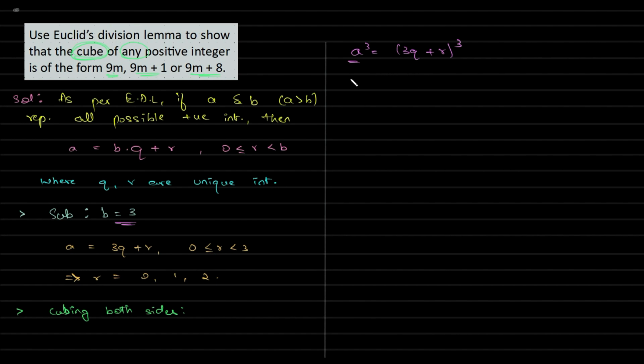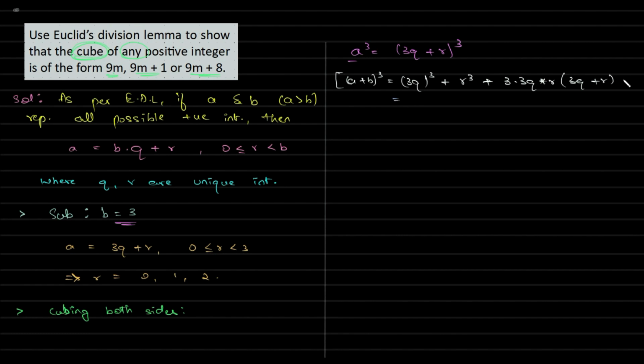So here we are using again a plus b the whole cube. I think I can do a better job. a plus b the whole cube, which is nothing but a cube plus b cube plus 3ab into a plus b, right?